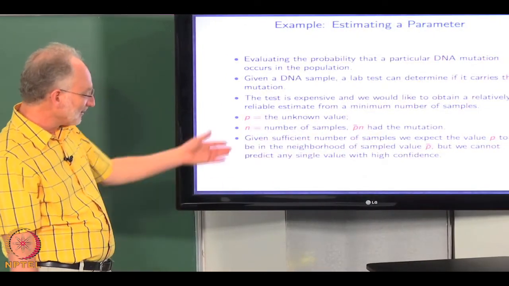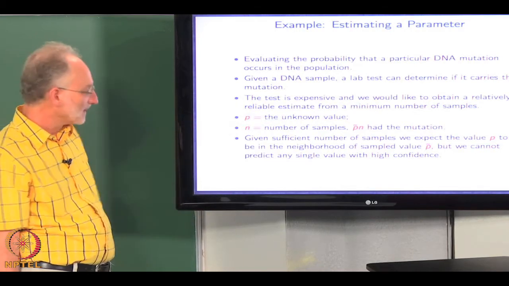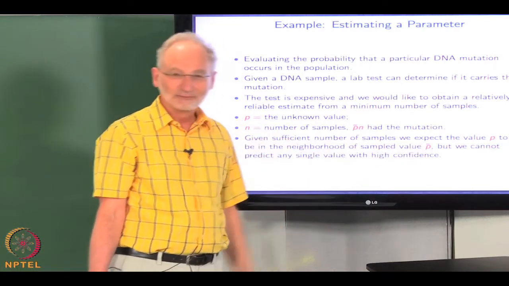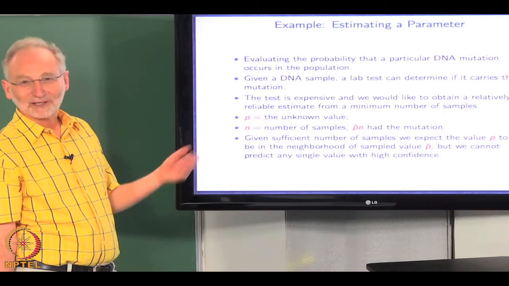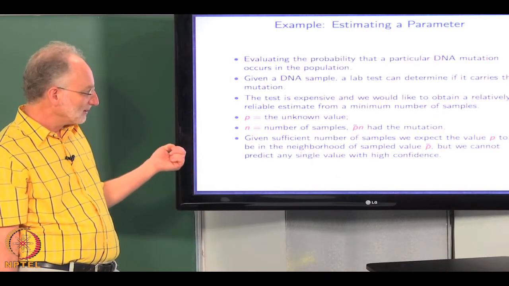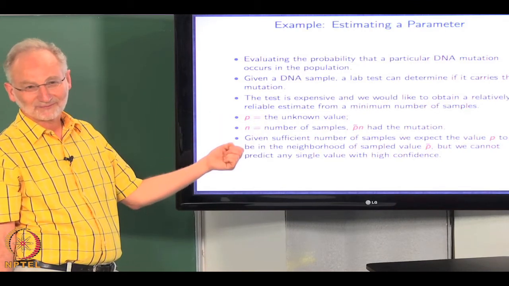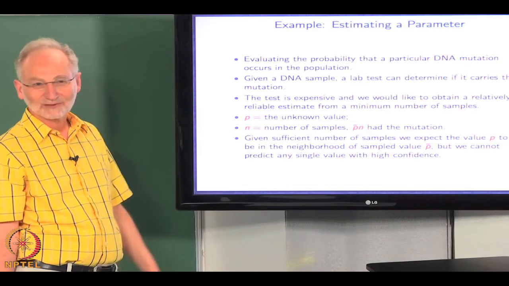Given a sufficient number of samples, we expect the value P to be in the neighborhood of our estimated value P tilde. One way we can use the Chernoff bound is to estimate how close P tilde is to P, as a function of the number of samples.